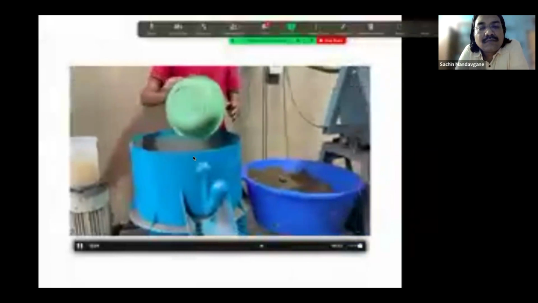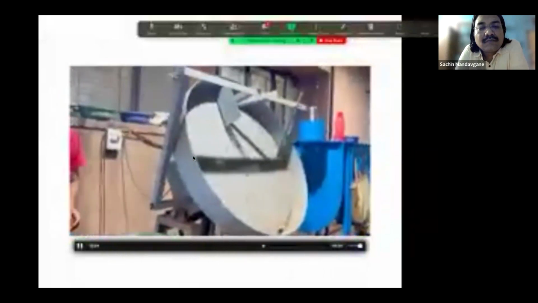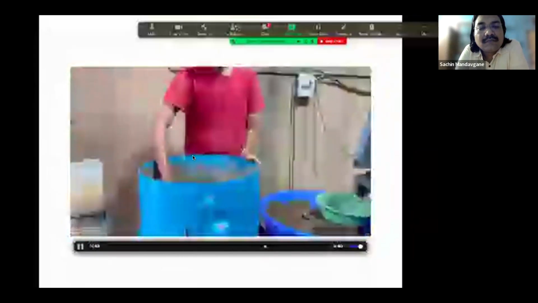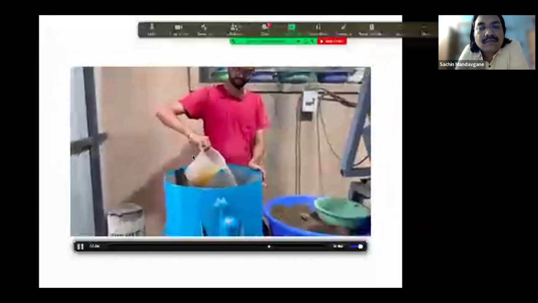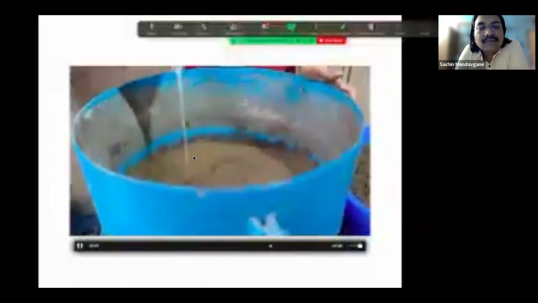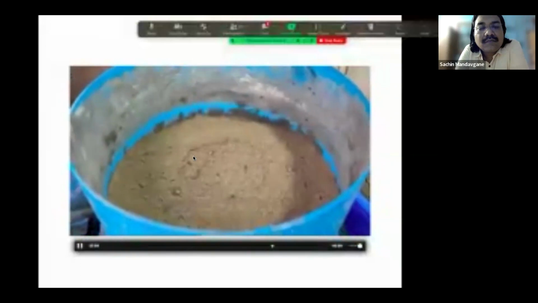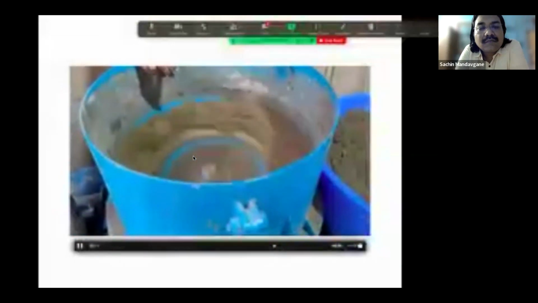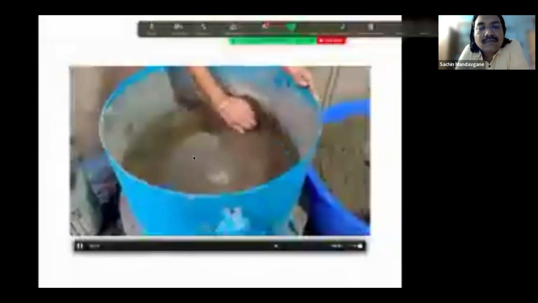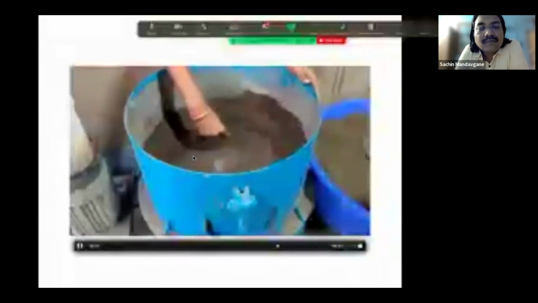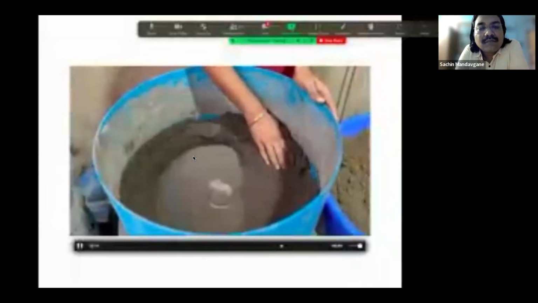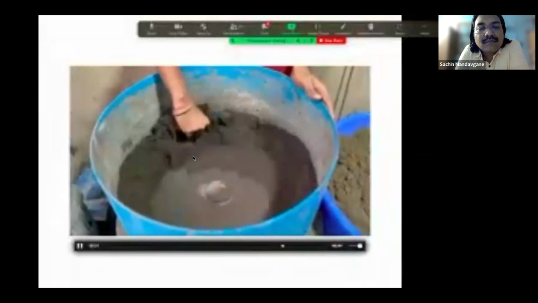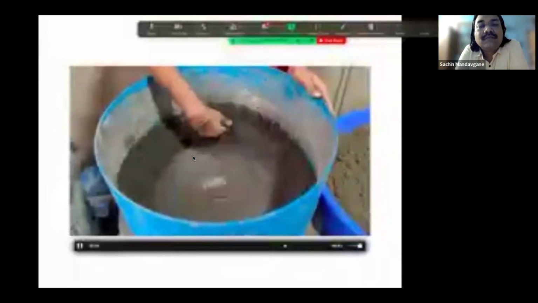Now, once we have this method, a process of making granules using biomass ash, we can make granules as per our requirement. It means we can fortify and enrich the granules using maybe calcium rich granules, maybe silica rich granules, and thus we can have granules of different composition and formulations.